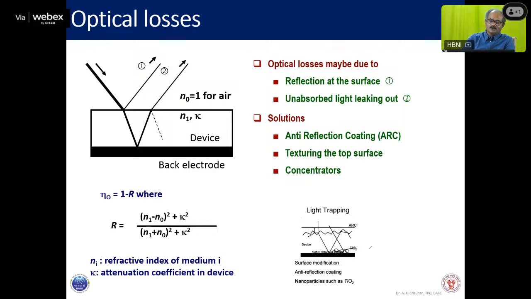First thing is that when light falls on any surface, a certain part of it is reflected and a certain part is transmitted.